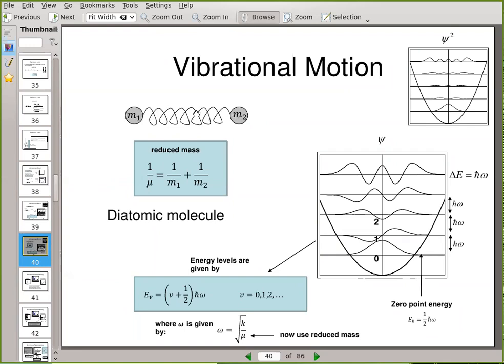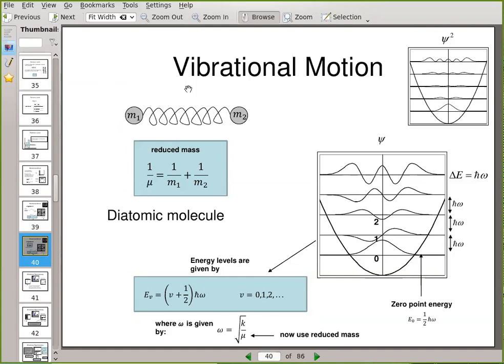If you've got two masses connected by a spring, both of those masses are going to move around the center of mass. So you could work with those two masses separately, but how do you combine them into a single calculation? And it works out. I'm not going to go deep into the derivation, but the maths becomes simple.